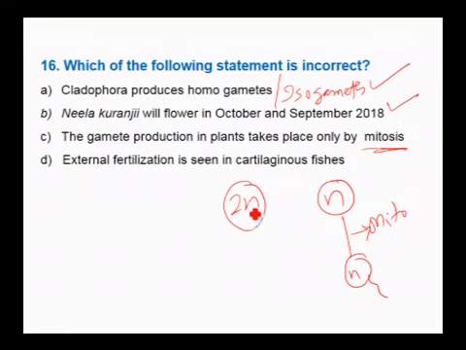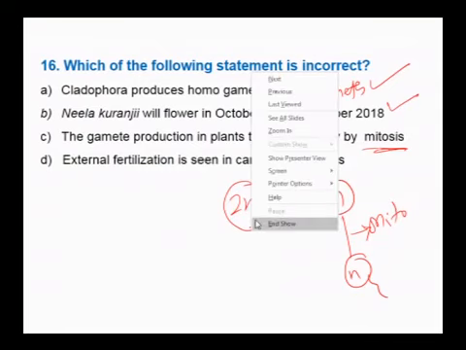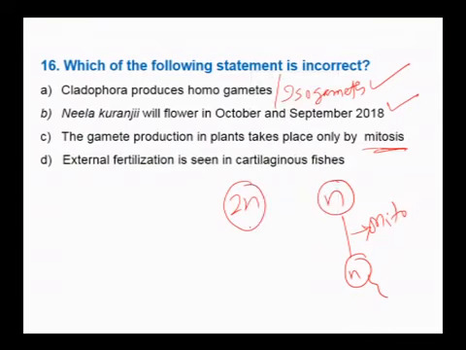The sporophyte is diploid, therefore it does not produce gametes, it produces only spores. The sporophyte produces spores which are haploid, by meiosis. Therefore, in plants, spore production takes place by meiosis, but gamete production takes place by mitosis.